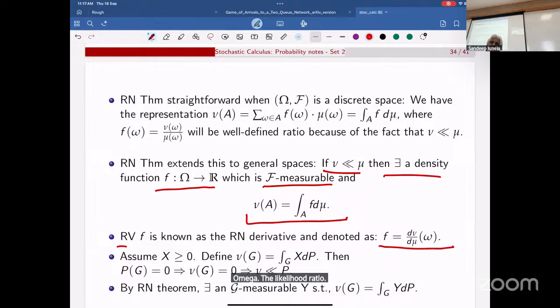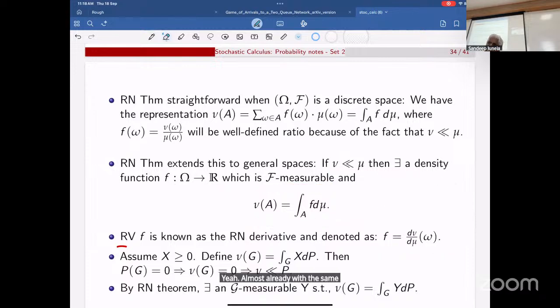So it's a slightly non-trivial result, because it's in generality. Whenever nu is absolutely continuous with respect to mu, it has this representation. And this f is also unique, almost everywhere, with the same argument as we gave before.